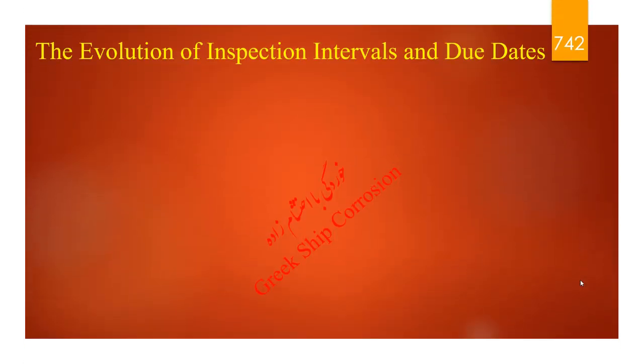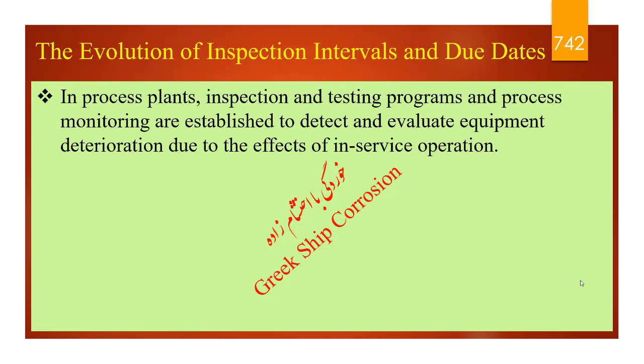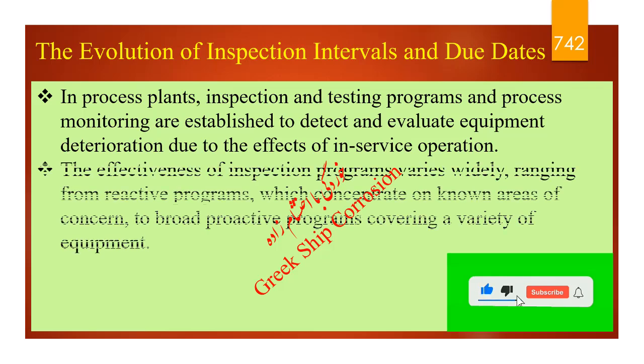The evolution of inspection intervals and due dates. In process plants, inspection and testing programs and process monitoring are established to detect and evaluate equipment deterioration due to the effects of in-service operation.